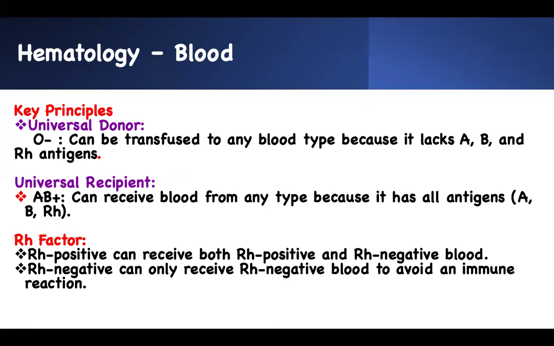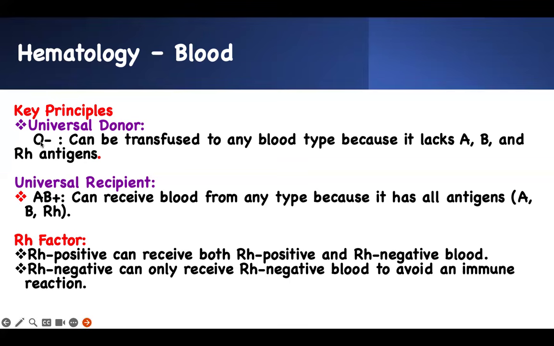The key is to understand that if I'm giving you blood and you're going to receive it, then my antibody should not react with your antigen. So if you send me blood, you should make sure you don't have any antigen on you that my antibody can react with.